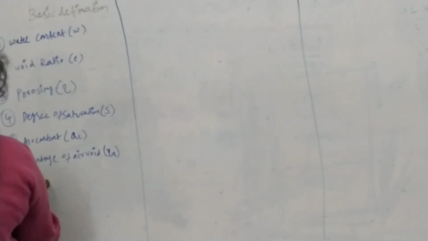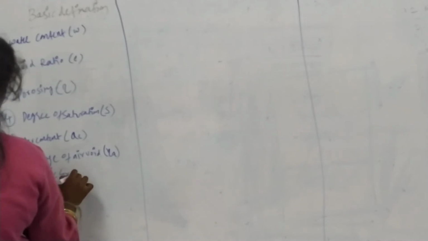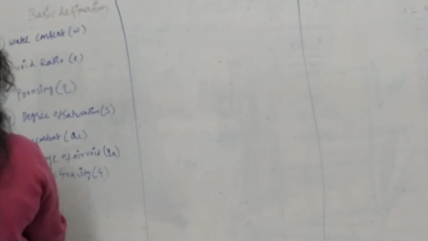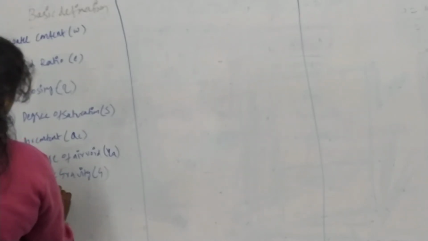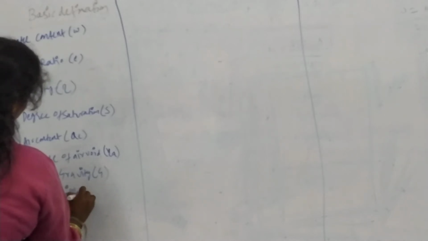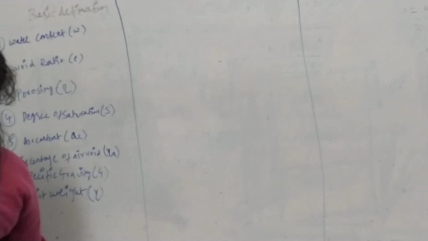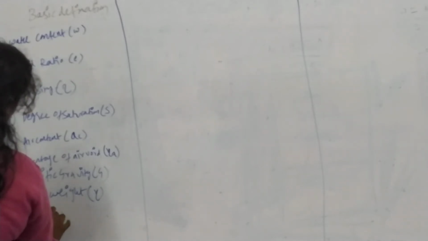Seventh one, specific gravity, capital G. Eighth one, unit weight, represented with rho and gamma. Ninth one, density index.